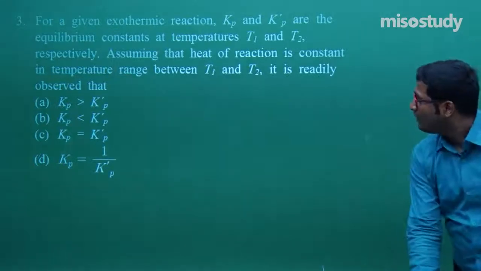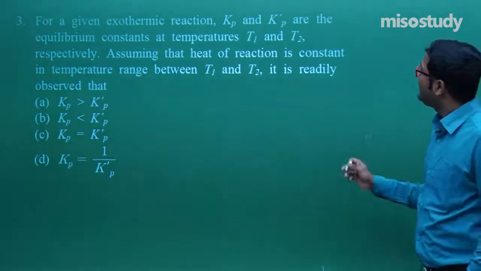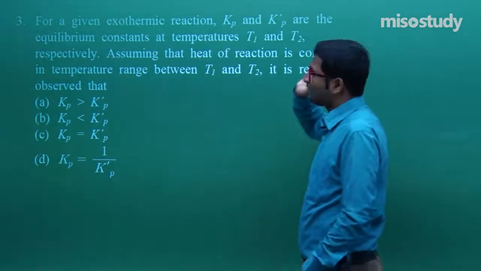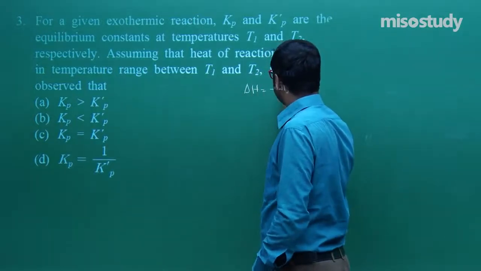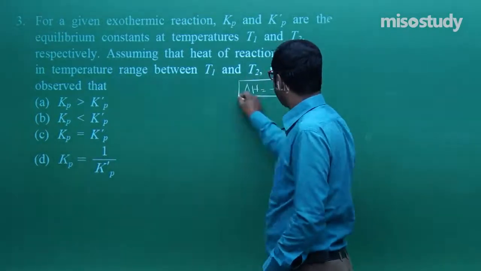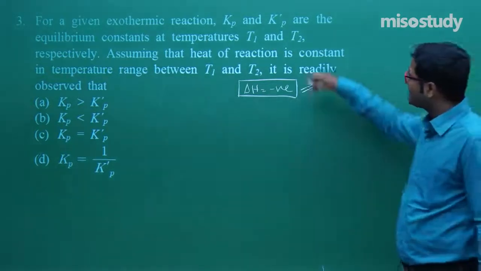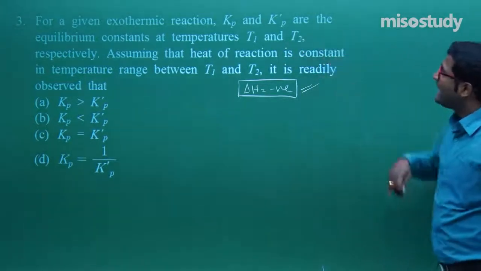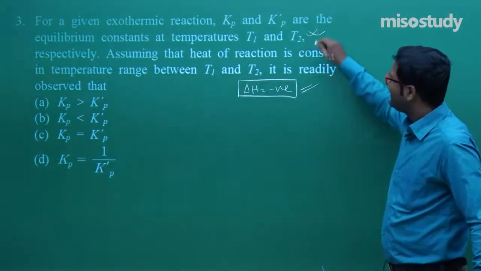Look at the question. For a given exothermic reaction, Kp and K dash p. For an exothermic reaction, first of all we all know delta H will be negative, this is clear to you. Now for a given exothermic reaction, Kp and K dash p are the equilibrium constants at temperatures T1 and T2.